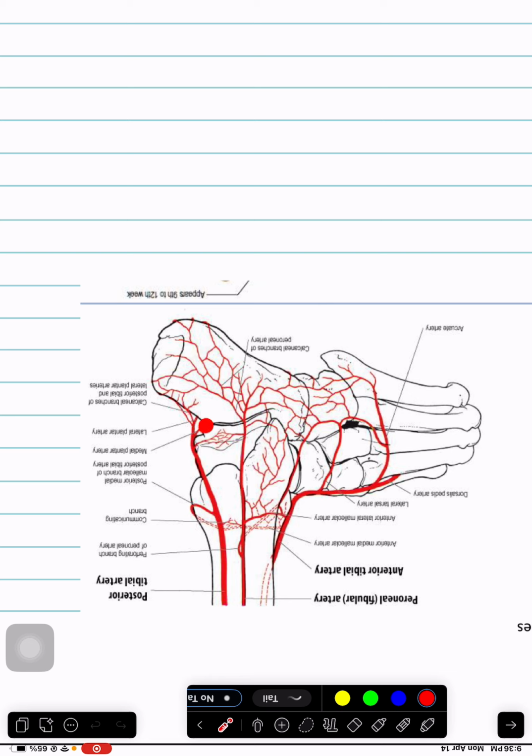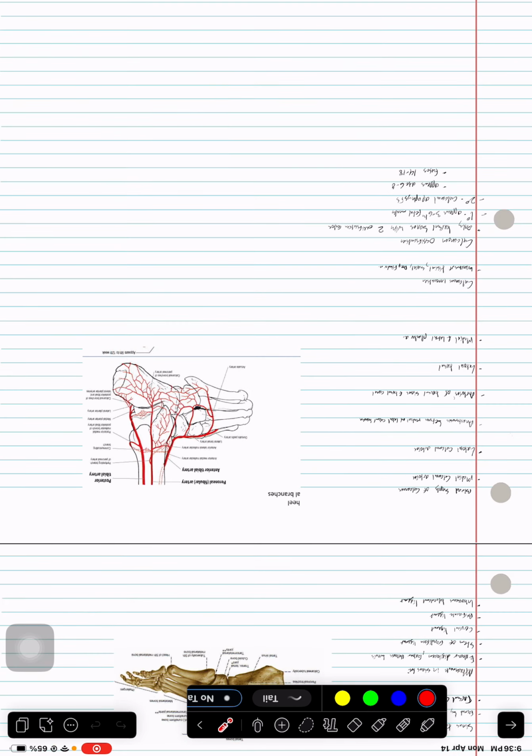And you have your medial plantar artery going in the plantar direction ventrally, and you have your lateral plantar heading in that same direction, which also provides vascular supply as well.